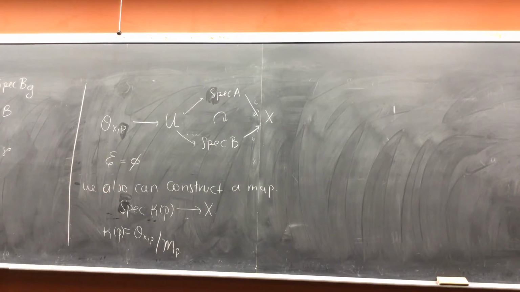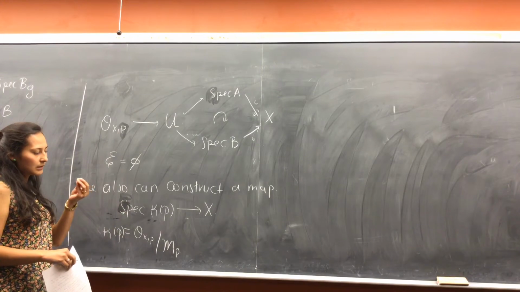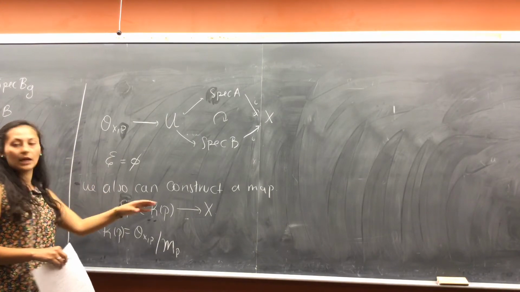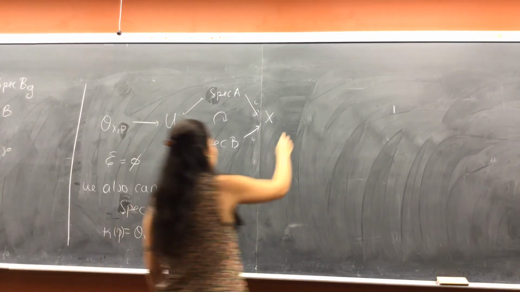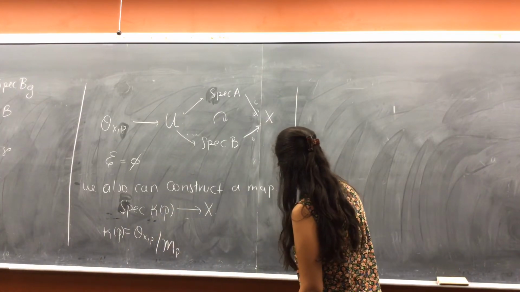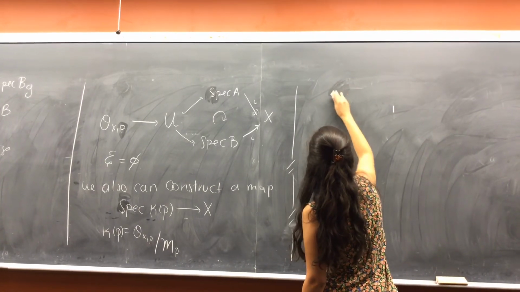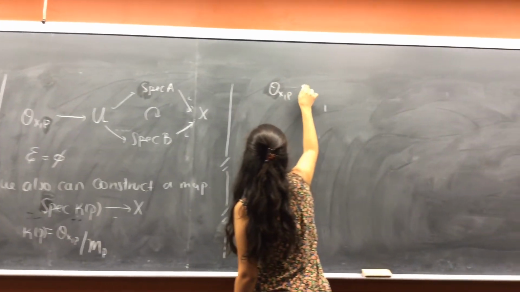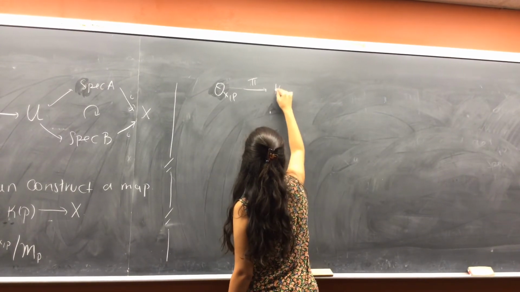So it's kind of like describing each point as a scheme itself, and that scheme is actually an X-scheme, thanks to this map. So I will just tell you what that map is. Maybe you already guessed what it is. Take O_{X,P} and send it to the quotient, to K_P.